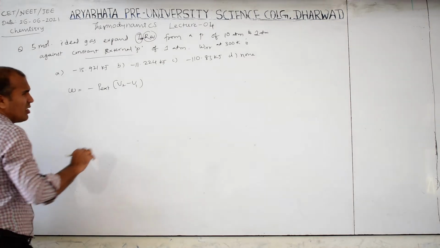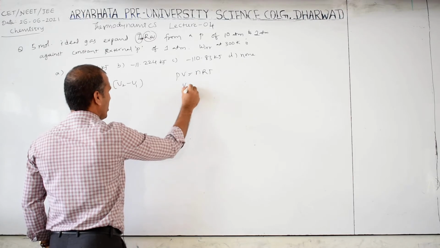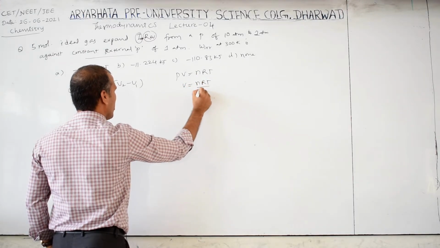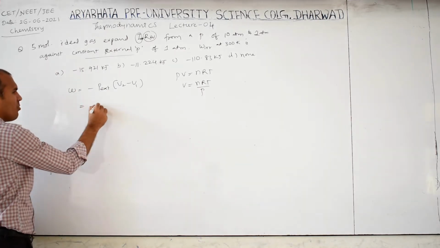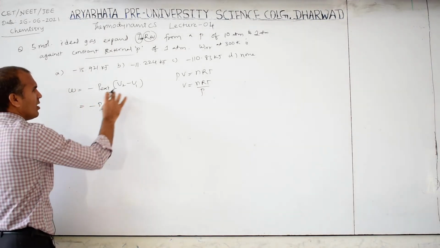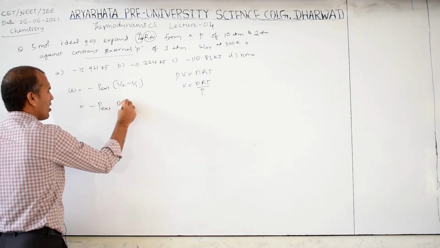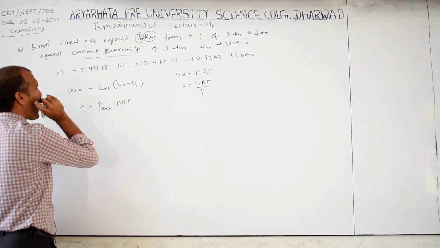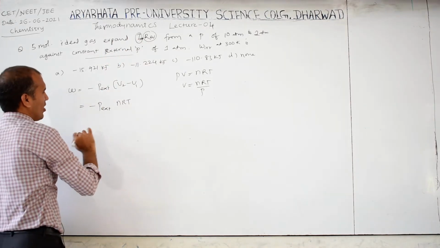How to convert? PV is equal to nRT. V is equal to nRT by P. Then we can write here minus P external. In presence of this one, we can write nRT. Temperature isothermal is constant, therefore don't write the T2, only nRT write.